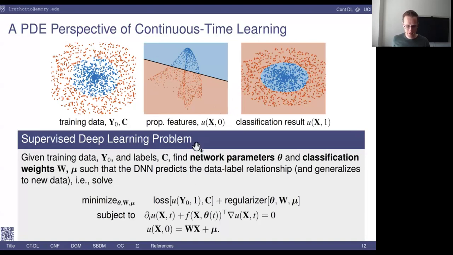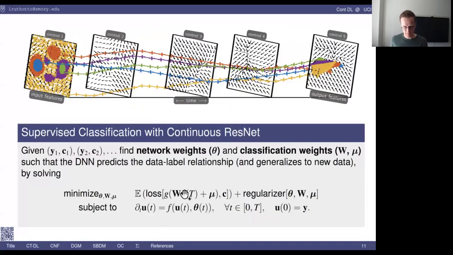You can then think about this as a PDE constraint problem governed by an optical flow constraint, if you will, or just a transport equation, where the property is that a point can move along characteristic curves, which are precisely given by the dynamics with f.